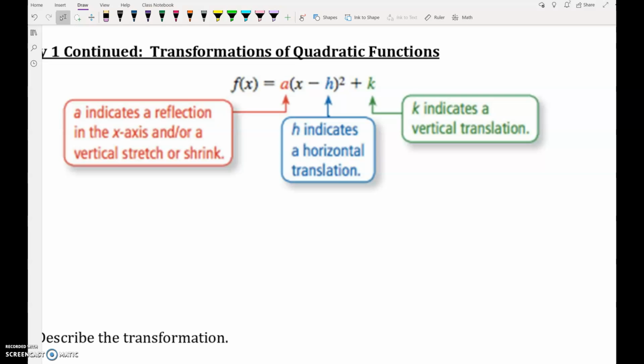So, a times the quantity x minus h, squared, plus k. When you're writing these, you really need to be careful not to forget the square. A lot of people, if I ask you to write a function, will get the parentheses in there, but forget the square. So don't forget the square. The a indicates a reflection and/or a vertical stretch or shrink.